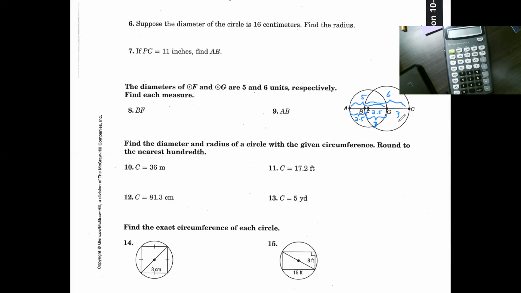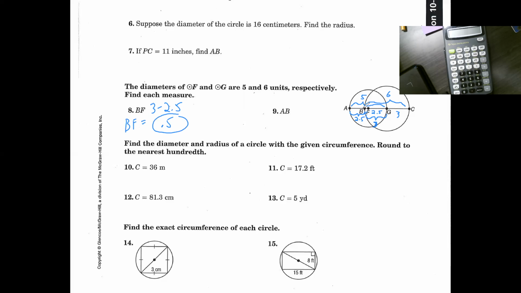So now we're going all the way back to chapter 1, segment addition. We have to find the length of BF. Well, BF is the difference between this entire length of BG and the length of FG. But I have both of those parts. BG is 3. FG is 2.5. So I have 3 minus 2.5, which gives me a length of 0.5. That's going to be the length of BF.